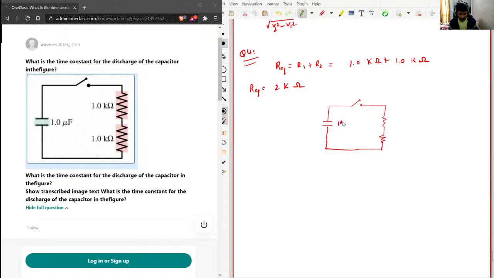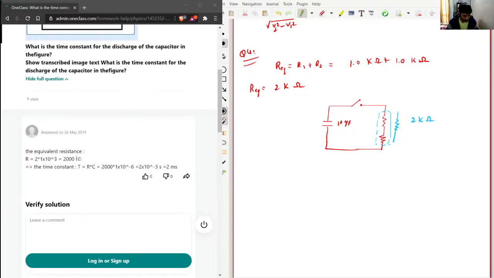And this was 10 microfarad, and I can write this whole as one resistor of 2 kilo ohms. So let's just look at the solution.